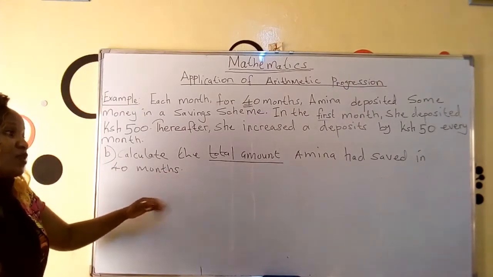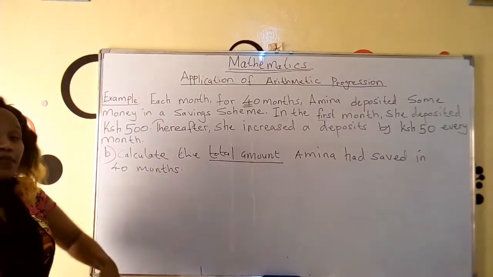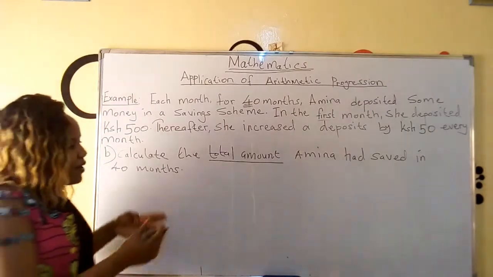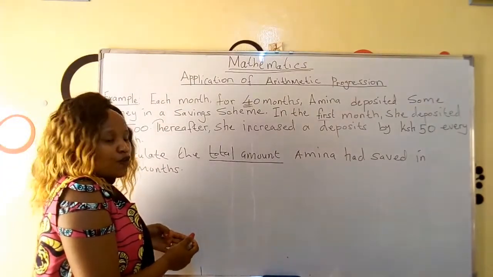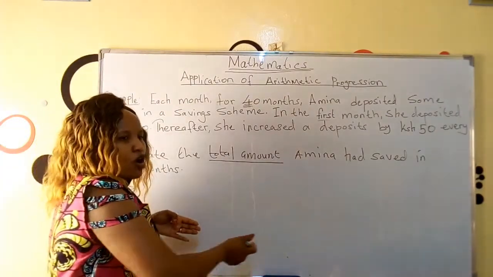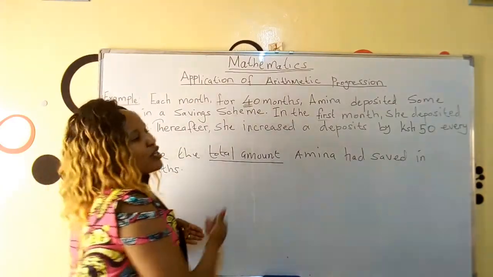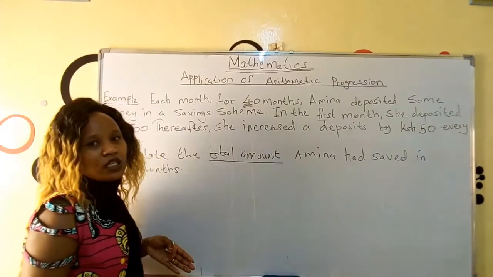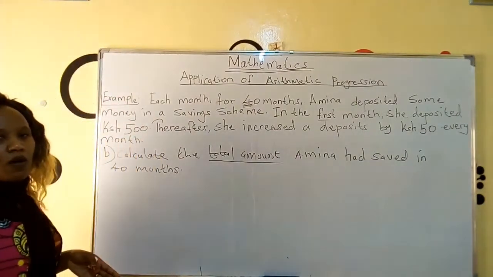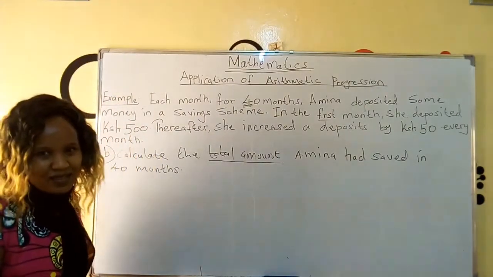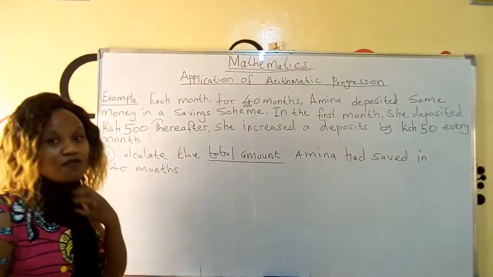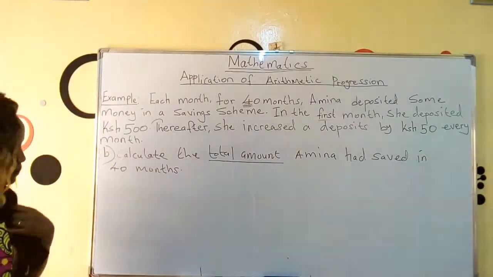So in this case, we are talking now of arithmetic progression. So when we had all our savings from the first month to the last month, which is 40, how much money is she going to withdraw after 40 months?